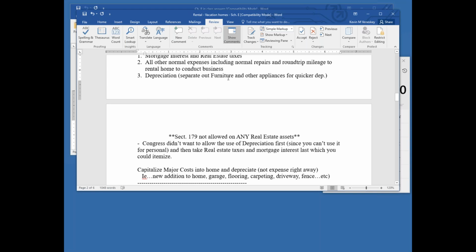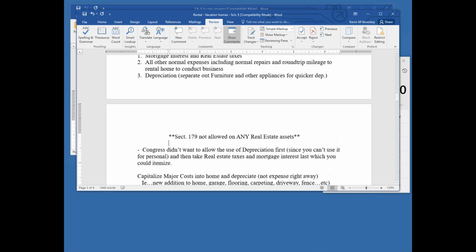We got to separate out our furniture and any other appliances, because when you do it like that, you can deduct your depreciation much faster. You're not allowed Section 179 for any real estate assets, so therefore you can't depreciate it real quickly all at once like you could with a business. But when you separate out your furniture and other assets, you can depreciate those within 7 years.